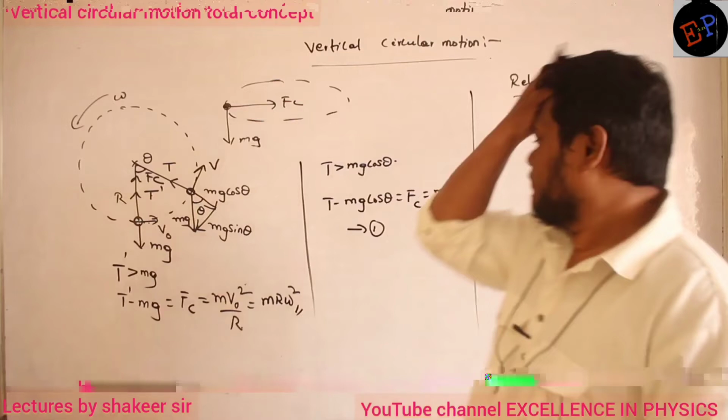Similarly, let us calculate the beta value. Beta is that angle where tension becomes 0, as we have studied now. And the formula is cos inverse of (2gL minus u square) divided by 3gL.